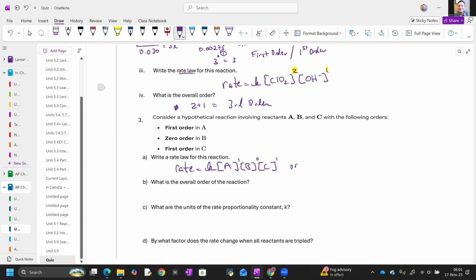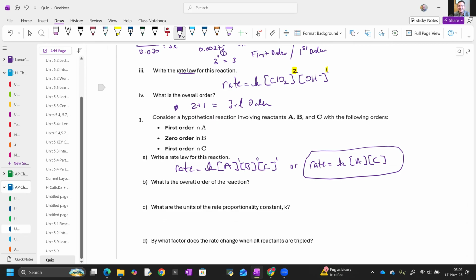Or you could write it as rate is equal to k[A][C]. All right, and that's because anything to the zero power is 1, and so it's not going to change anything. This would be a very valid rate law. But they're both very good. And so we want to get the overall order of the reaction.